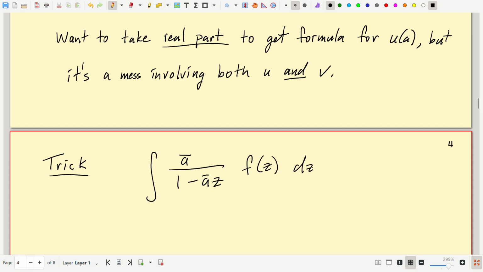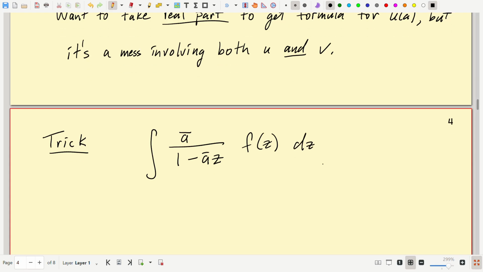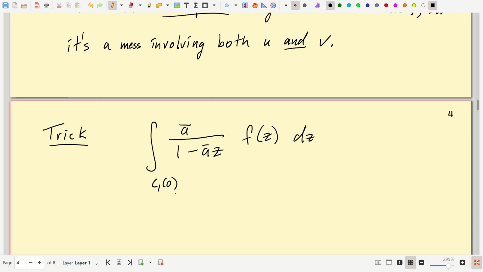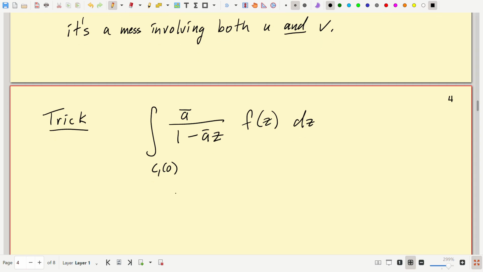This is what I'm pulling out of thin air. That is a big fat 0, because if you set that denominator equal to 0, let's calculate here. 1 minus a bar z equals 0. Then you'd get that z is equal to 1 over a bar.